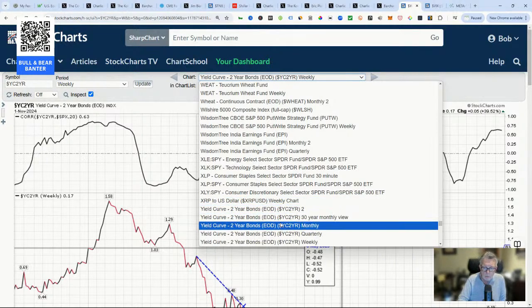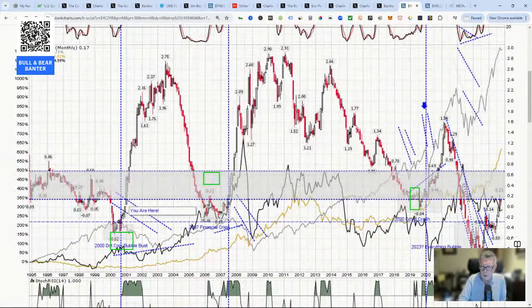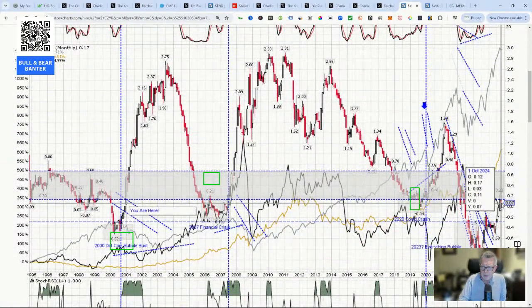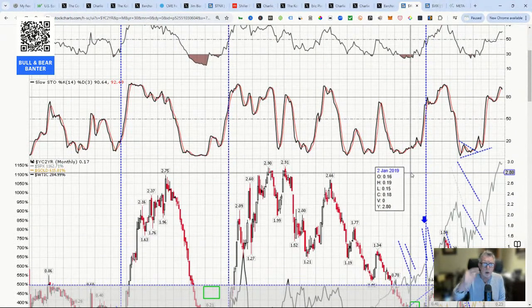Incredible. Yeah, we closed down the month of October, but closed out last week pretty strong. It looks as though we're going to have a continuation move up.